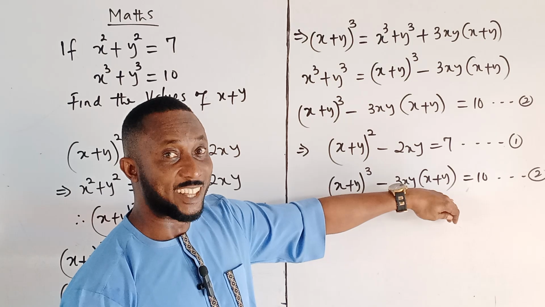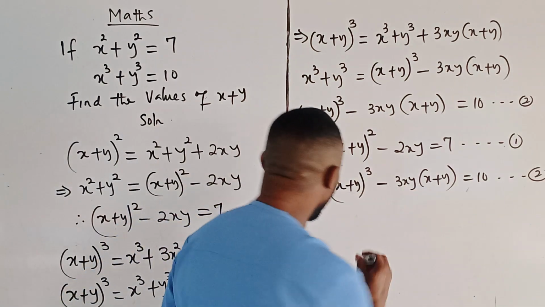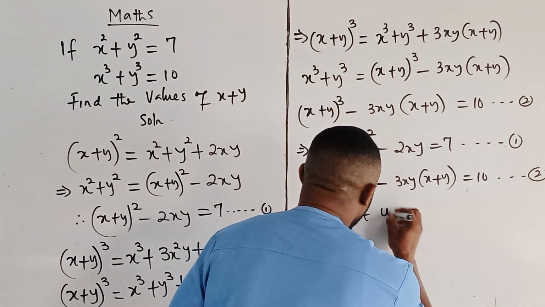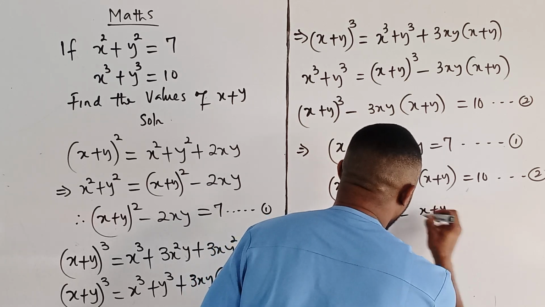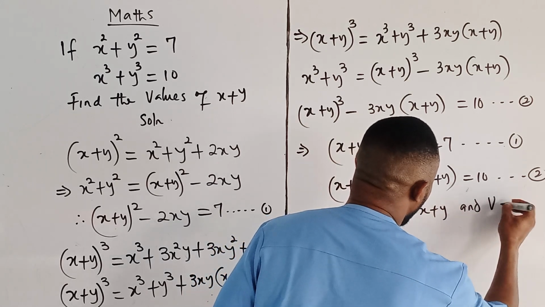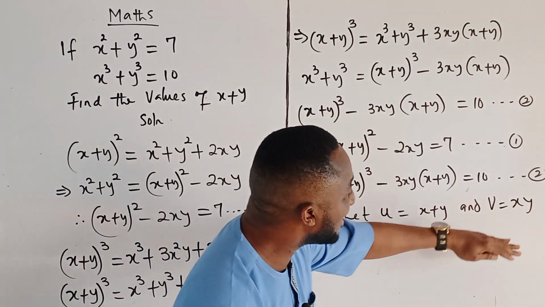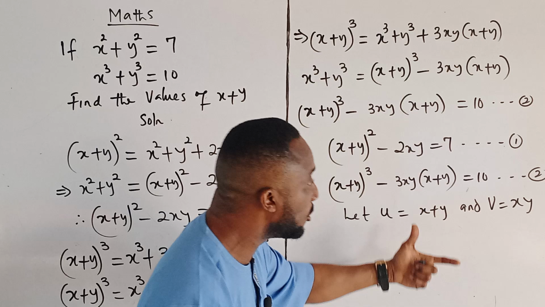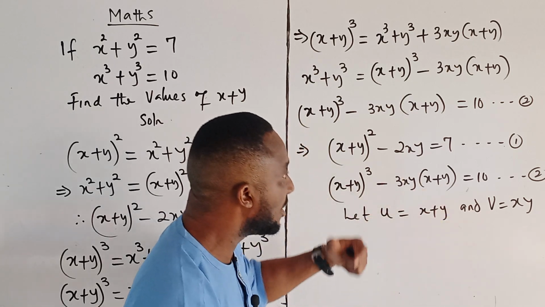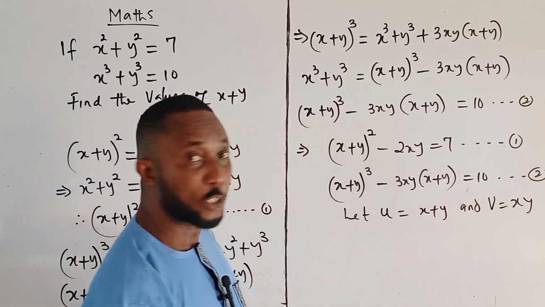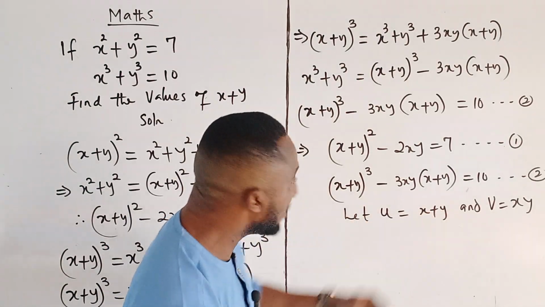Trust me, that's a better alternative. So I will say, let u equal x plus y and v equal xy. You can see that this substitution will reduce the complexity of this problem. More like we are refining them.